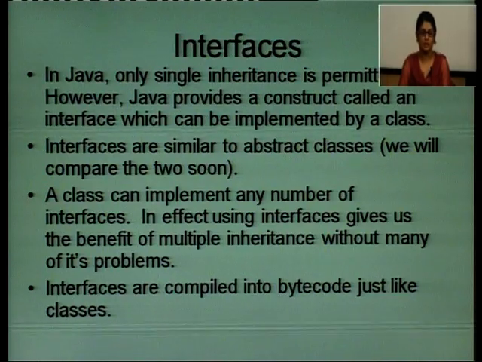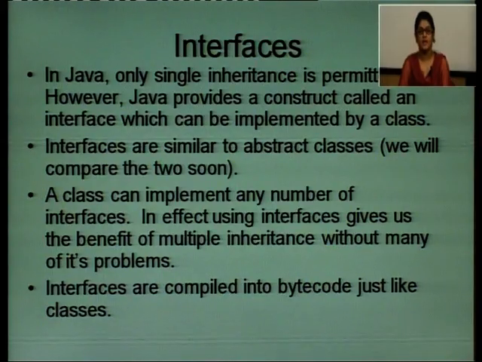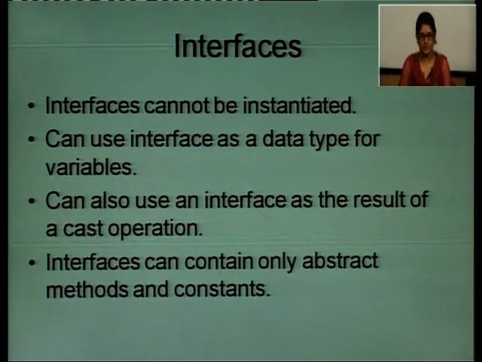So by extending one class and implementing a number of interfaces, Java can inherit features of a number of classes and interfaces. Interfaces are compiled into bytecode just like classes. They will be saved as simple classes and run like other classes.